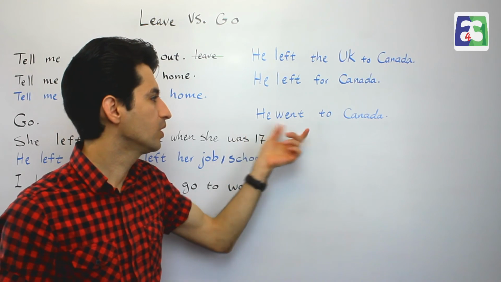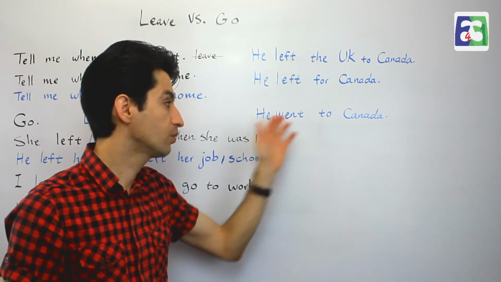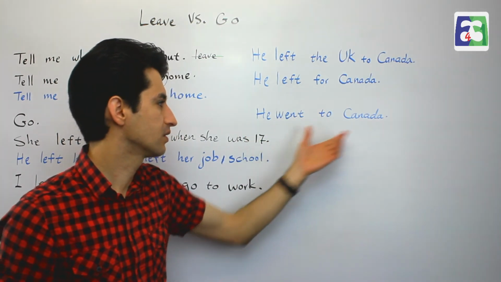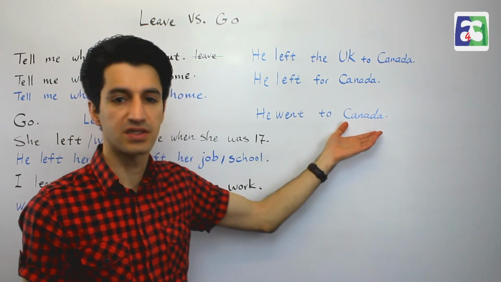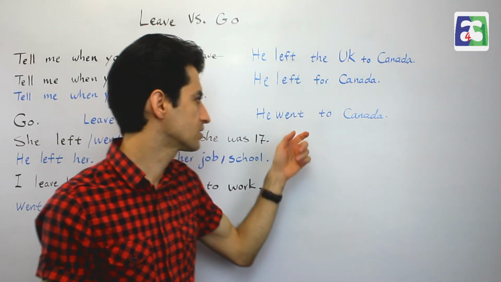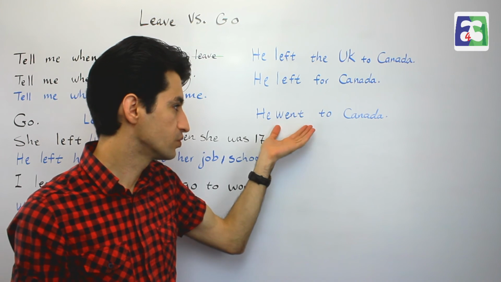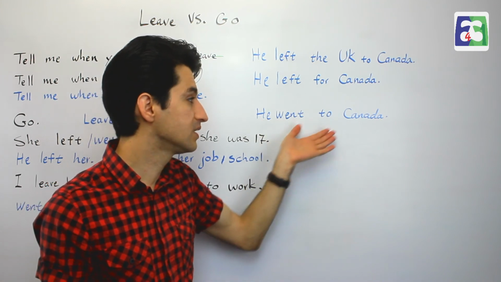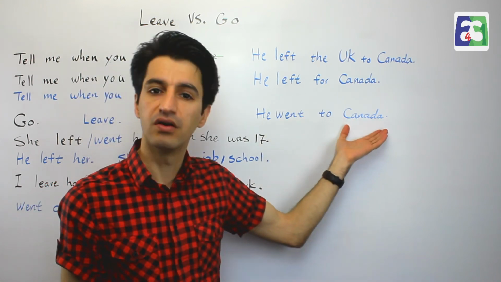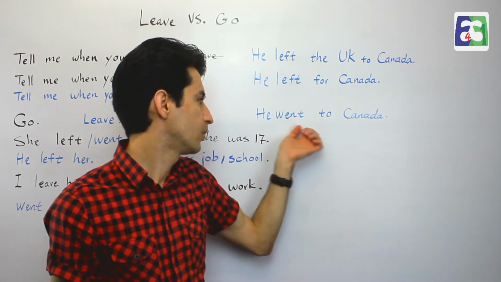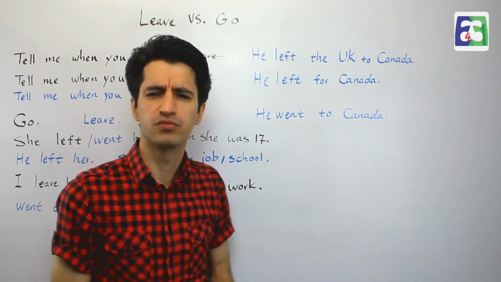And over here, he went to Canada. Most probably the person is in Canada now, because we're using the verb go, and go is focused on the destination. He went to Canada.